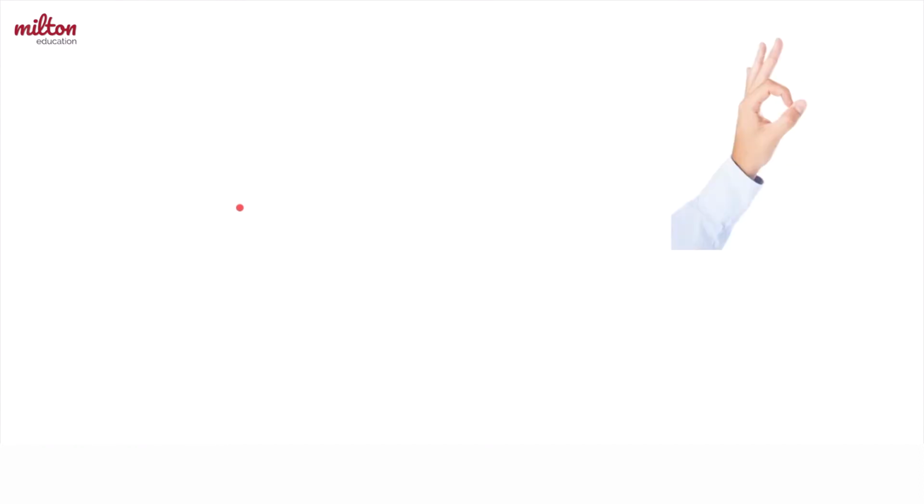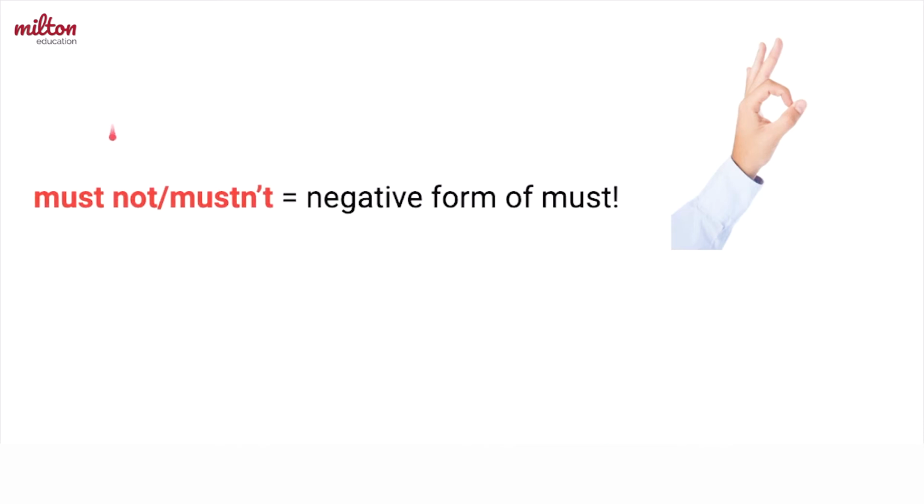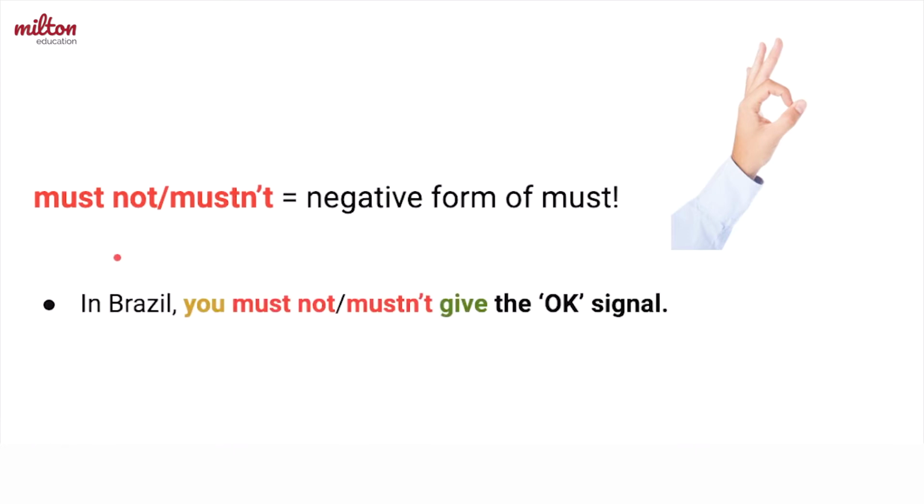You might already know that must has a negative form. The negative form of must is must not, or the short form mustn't. We use this negative form of must in sentences like, in Brazil, you must not, or mustn't, give the OK signal.